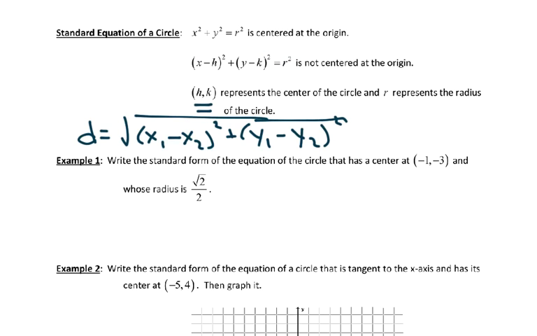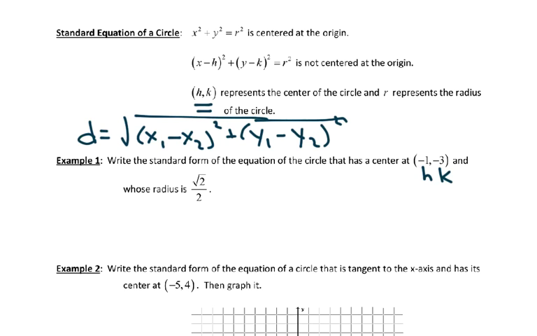Let's look at example 1. Write the standard form of the equation of a circle that has a center at -1, -3, and whose radius is the square root of 2 over 2. We're going to call the center h comma k.